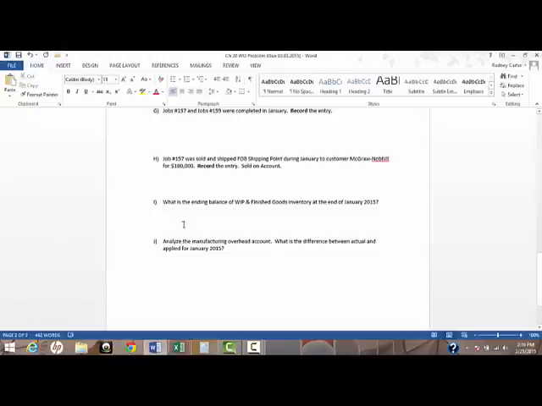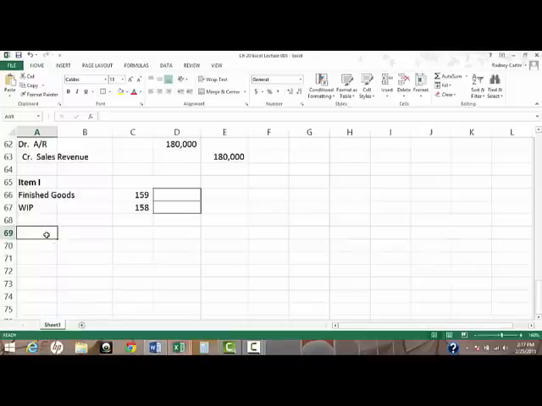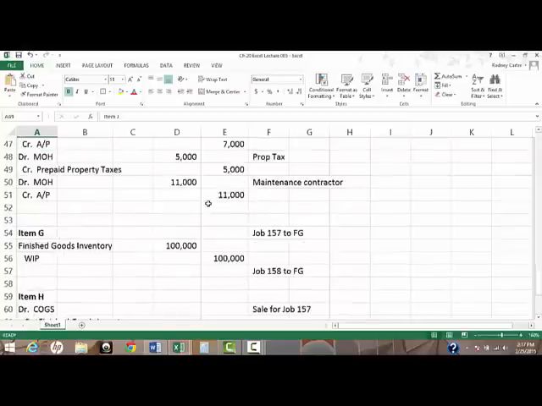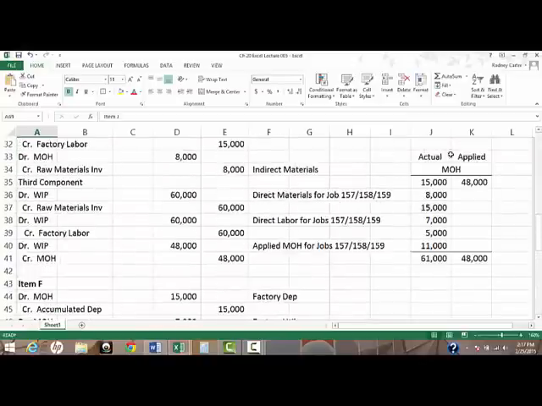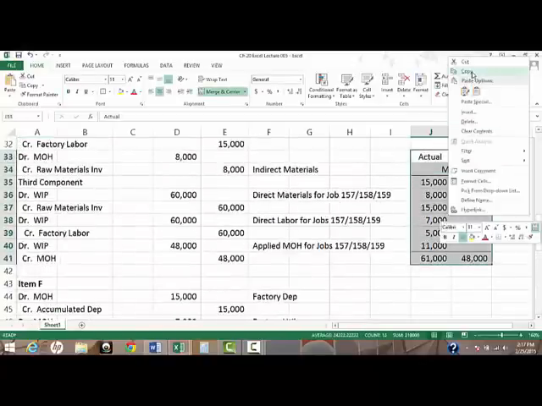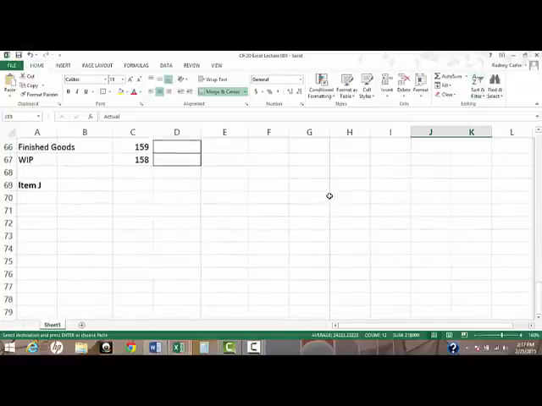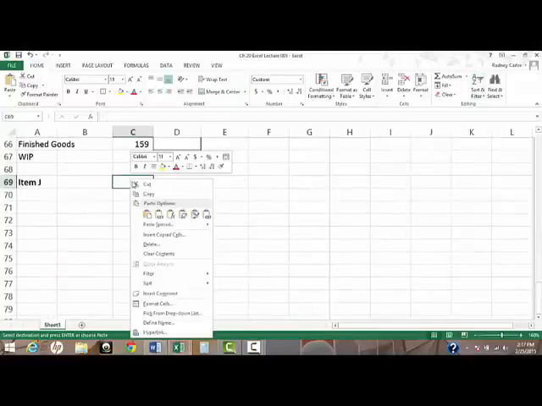Okay, we are down to our last part of this problem, item J. Item J asks us to analyze the manufacturing overhead account. I've already mentioned this in the video. All I'll do is come up here and copy and paste our information that we've already compiled in our T account.